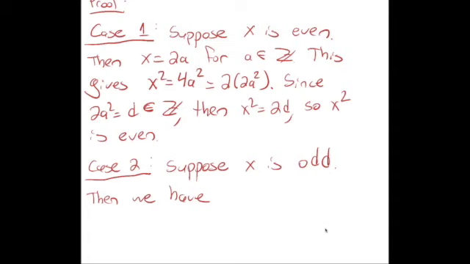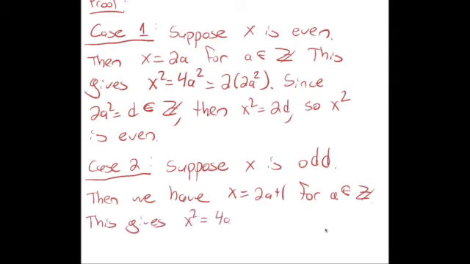So then we have that X is equal to 2A plus 1 for some integer A. So this gives X squared equal to 4A squared plus 4A plus 1, which you can factor: equals 2 times (2A squared plus 2A), plus 1.